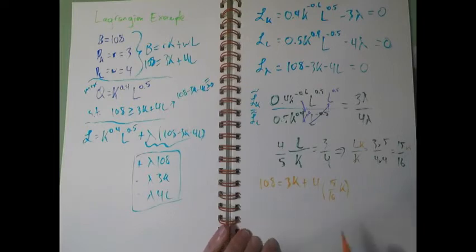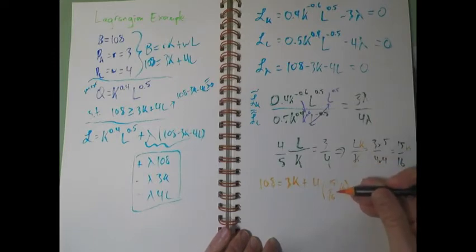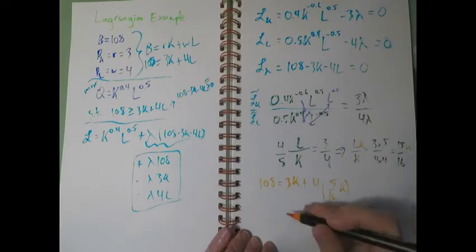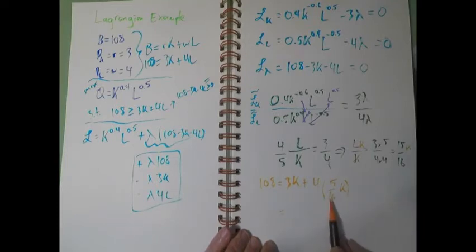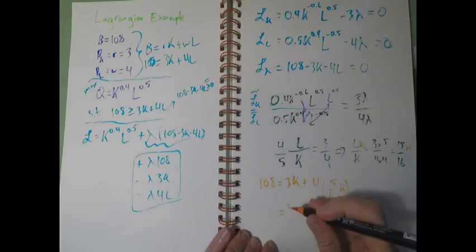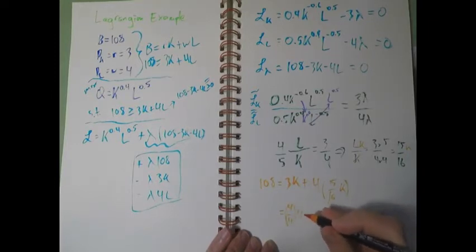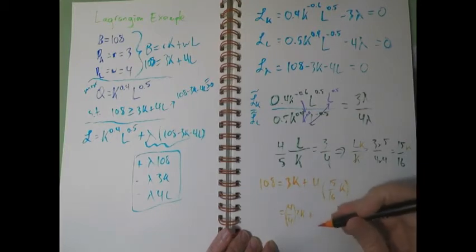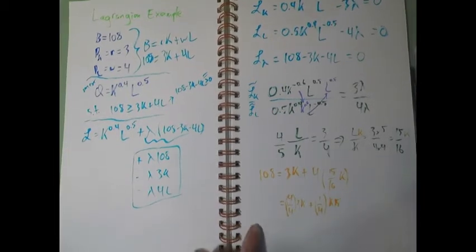So what have we got? 3k, 4 over 16. Can we simplify 4 divided by 16? That's going to be just 1/4. So this is going to be 15 over 4 times k. So I'm going to end up with a 4 down here. So I'm just going to say, what is 4 over 4? Right? What is 1 times 3k? That's not going to be a big deal. Plus 4 over 16, like we said, is 1 over 4 times 15k, or k times 15 if you dyslex like me.